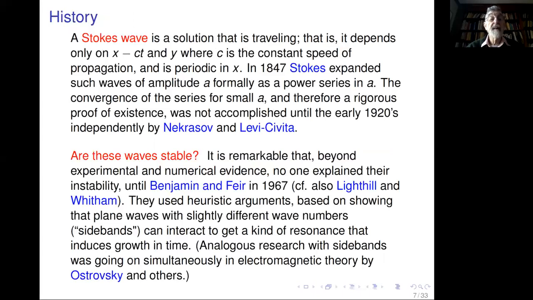A little bit, the history goes way back. A Stokes wave, I'm just repeating what I said before, goes back to being studied by Stokes, for many years. He had a long career and he did a lot of things.